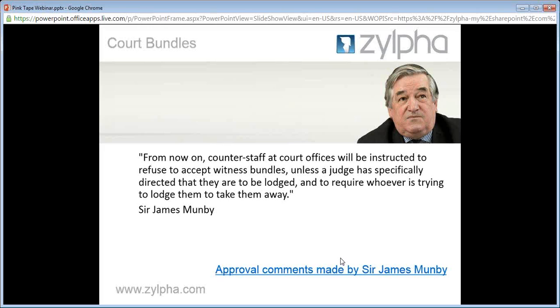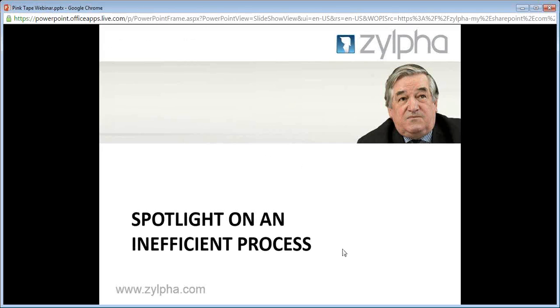Now, as far as we're concerned, that's not really the most exciting bit. But what Sir James came out with has actually put a spotlight onto what is a pretty inefficient process when you consider electronic bundles against their paper-based counterparts.